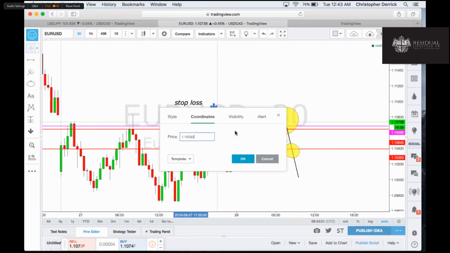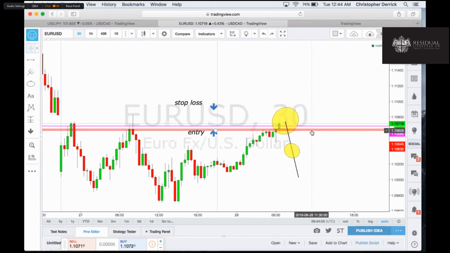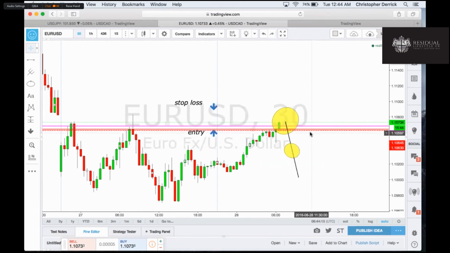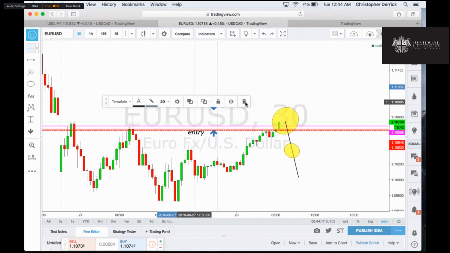It was 1.1063. Boom. You see how it just goes automatically there? Let me change this so you guys can see this a little better. Let's change it to a dotted line. So your dotted line, that's your stop profit. See how I typed it in? You can type that into your MetaTrader 4.